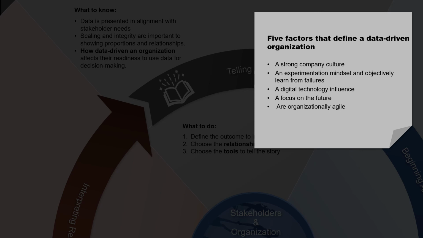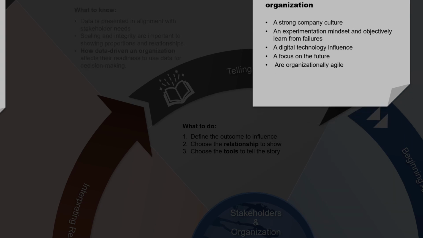And companies that are higher on those scales are considered more data-driven and more likely, or ready, I won't say likely, I'll say ready, to use the data from the analytics project for decision making.